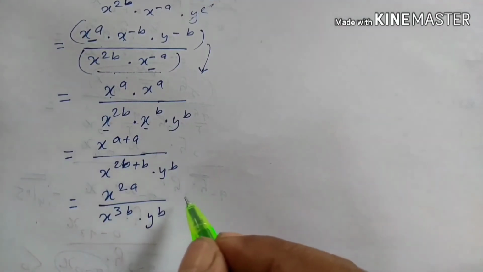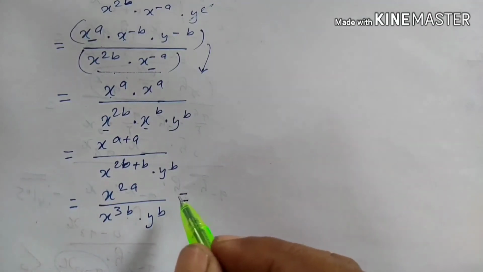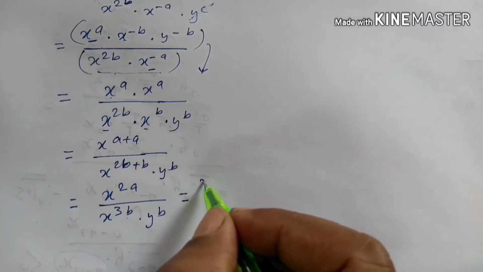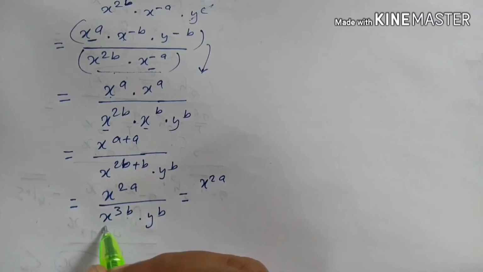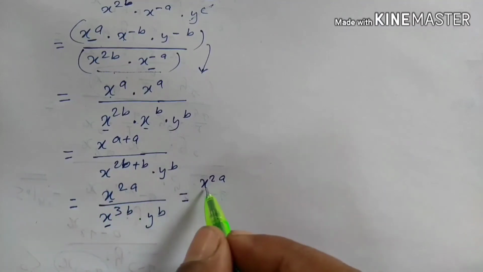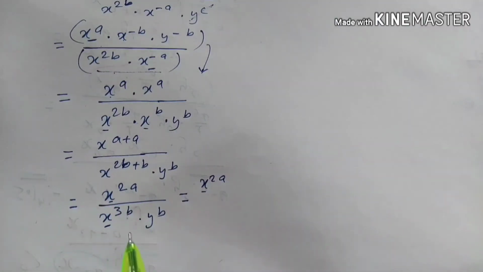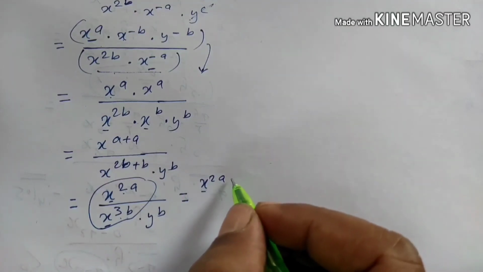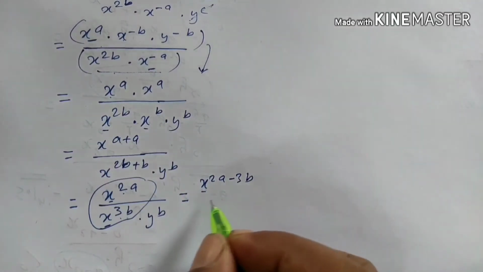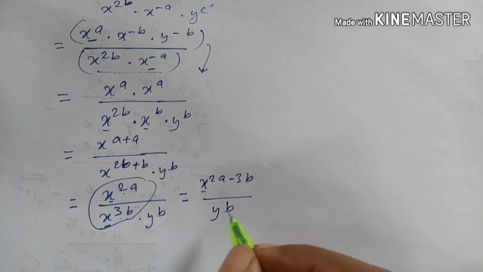Now this term can be written as x power 2a as it is, and since this x and this x are similar, we can take x as common. So this term can be written as x power 2a minus 3b over y power b.